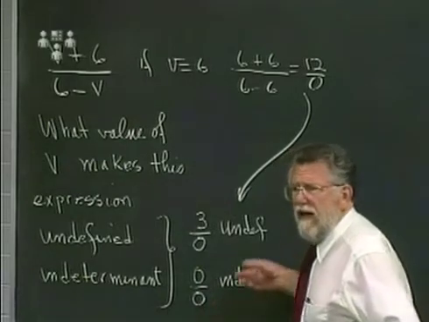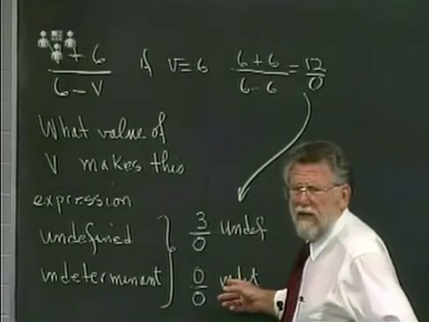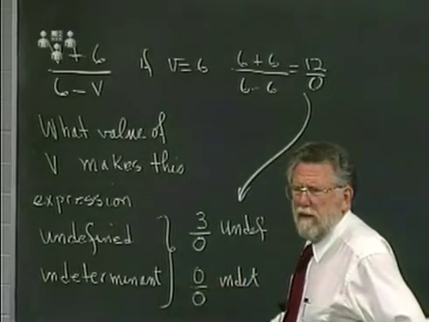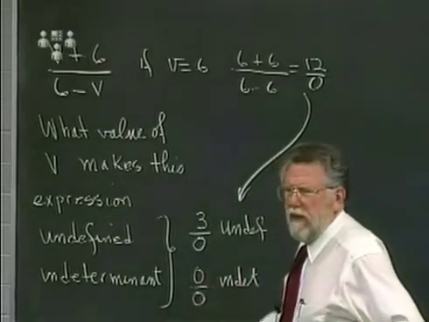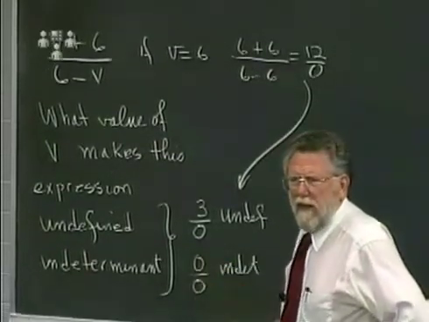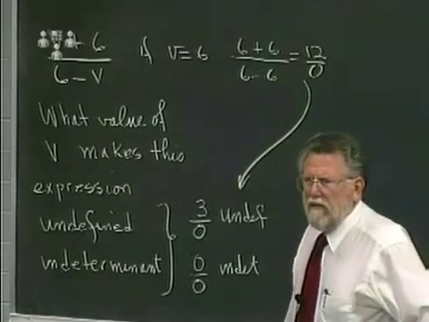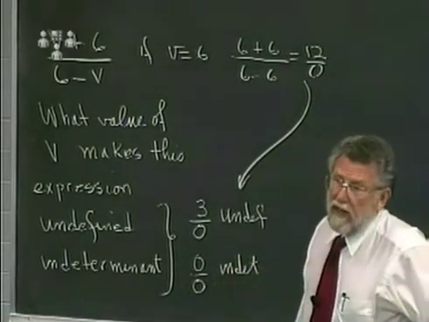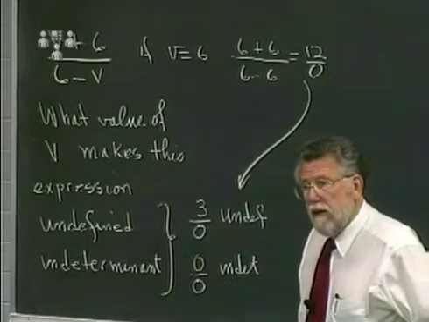Because I could take a million different numbers and make that true. 5 times 0 is 0. 100 times 0 is 0. 7 times 0 is 0. Anything I put in there times 0 will give 0. It's not possible to determine the correct answer. So we say indeterminate.